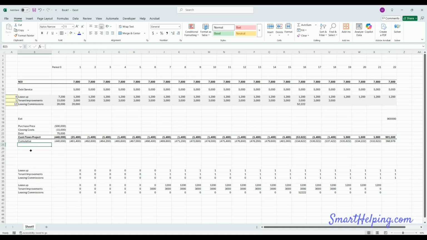So we have cash flows, investor. What's the investor going to have? Well, they're going to have the NOI, obviously. You're going to be paying debt service. We're not going to touch this. We've got the purchase price, closing costs, debt proceeds.